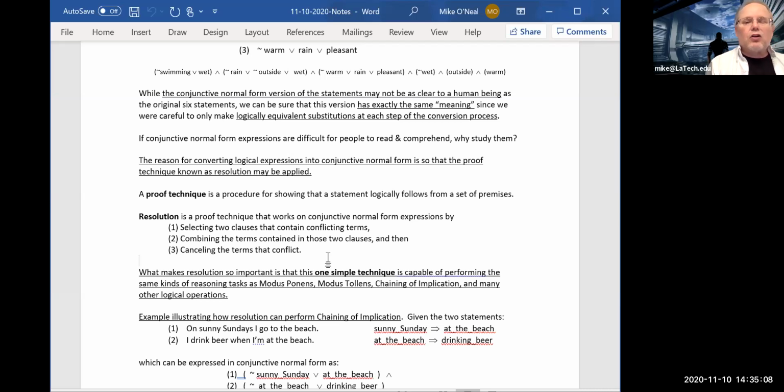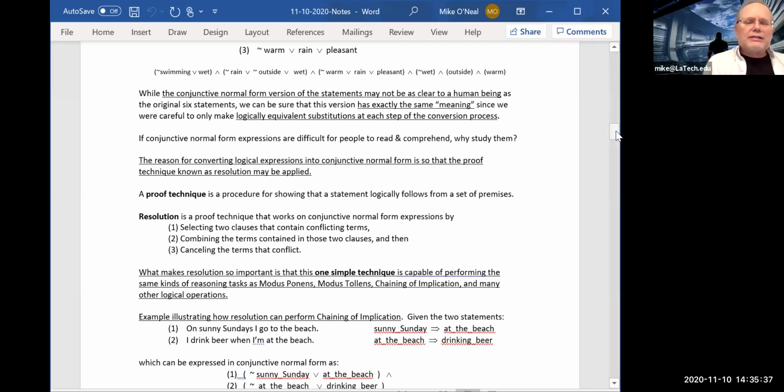So if you've got a clause that contains both a statement that something is true and a statement that it is not true, then those two things together don't tell you anything, so you can just cancel them out. They're not giving you any information in that case.